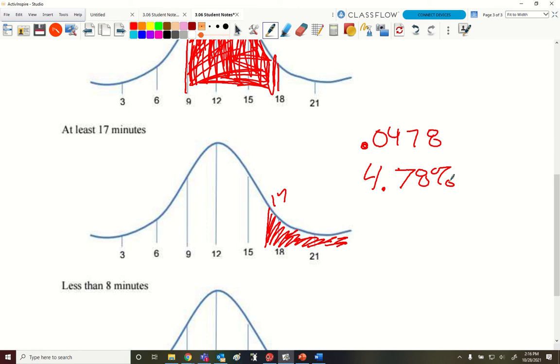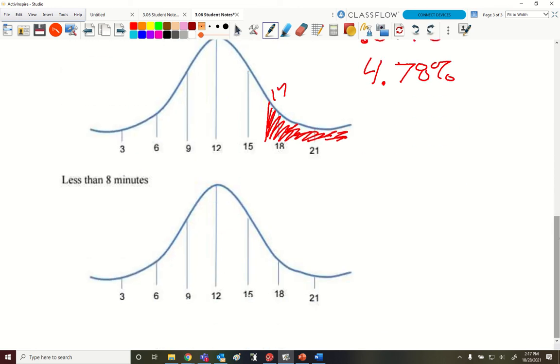So 4.78% of the people waited how long? Waited 17 minutes or more. That's what we're looking for there. Does that make sense or no? Yeah. Nonsense? Sense? Okay, good.